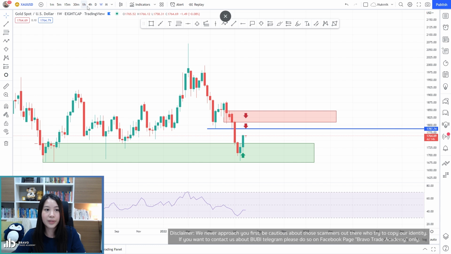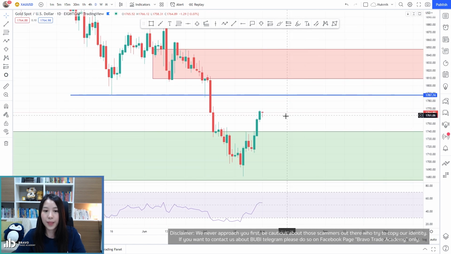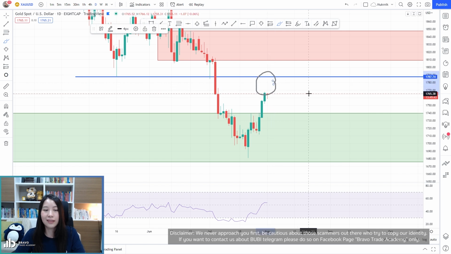Alright, so let's drop down to the daily time frame. In the daily time frame, we've got the same resistance as the weekly time frame. We have the gap that we can enter around there.